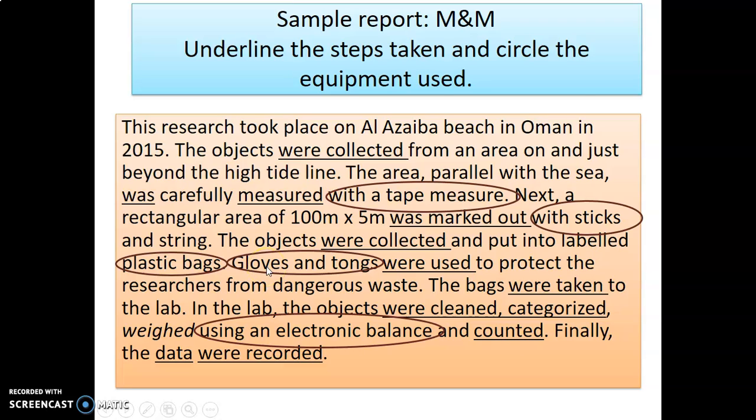So depending on how many steps you have, if there are many steps, you need to organize it and link ideas with linking words in a better way so that the reader can read it easily. So you say first, to begin with, next, after that, then, and finally. All right.